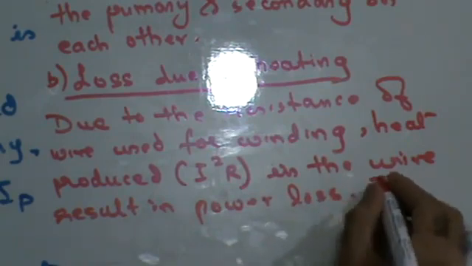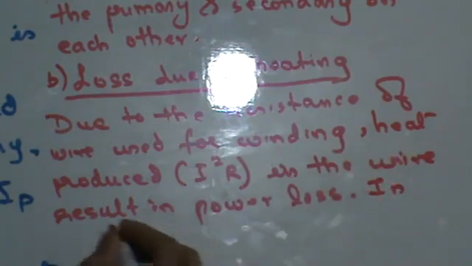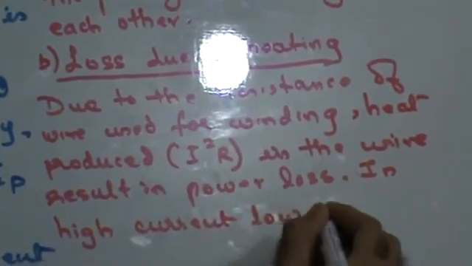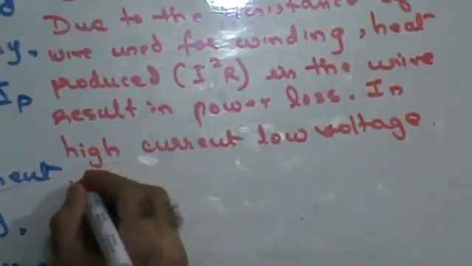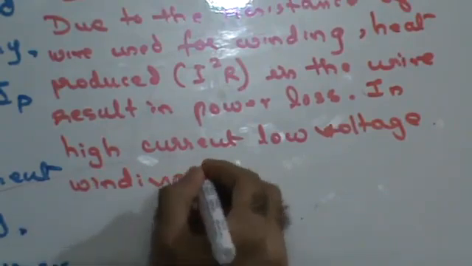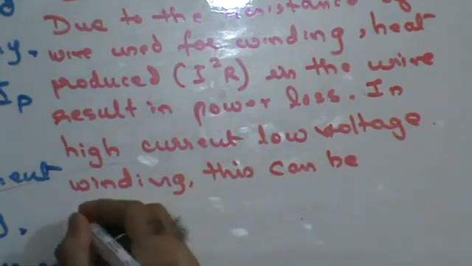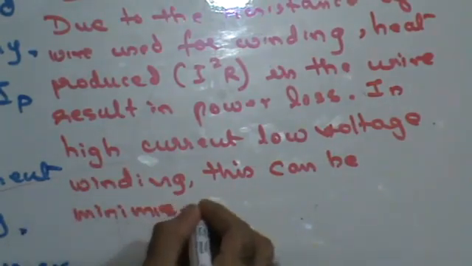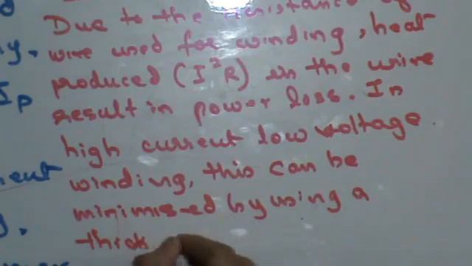In high current, low voltage windings, this can be minimized by using a thick wire. That's the second kind of loss.